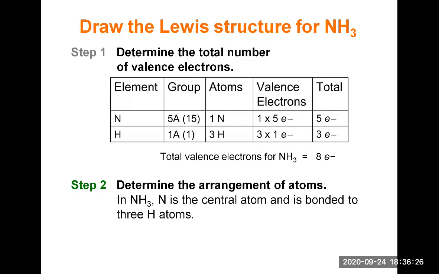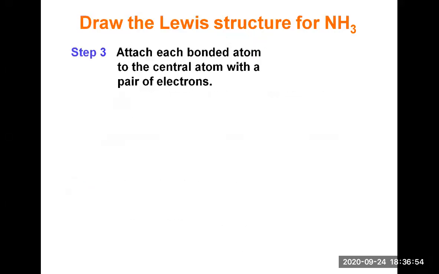Another way to see this is that hydrogen, as we have said earlier, cannot be a central atom, so that really rules out putting it as the central atom. So like this, N, and then surround nitrogen on 3 sides by hydrogen.